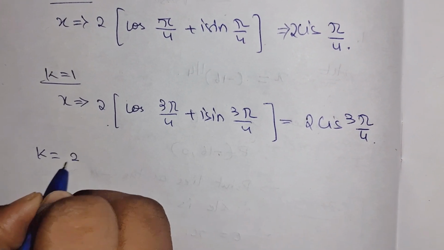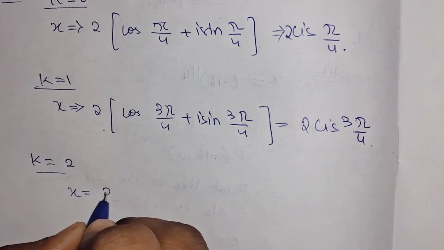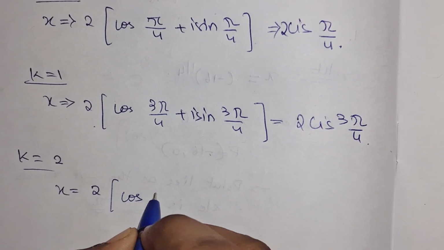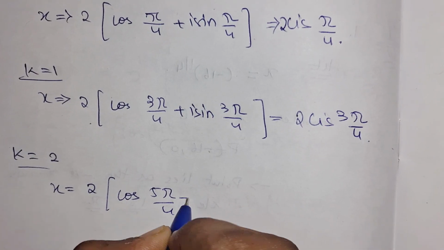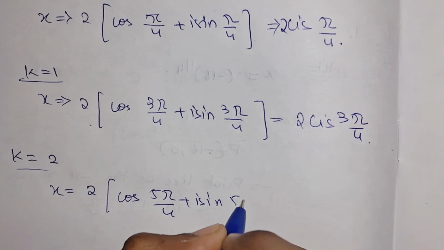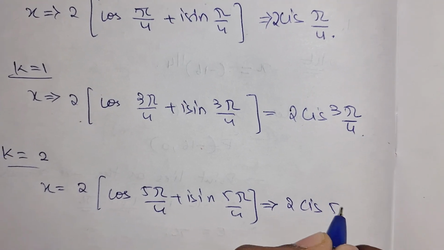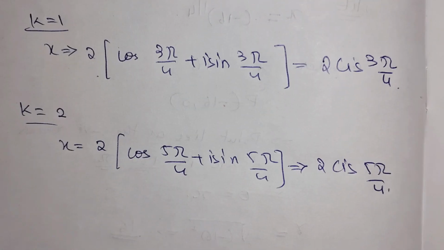When k is equal to 2, x will be equal to 2 into cos, 2 twos are 4, 4 pi plus pi, 5 pi by 4 plus i sin 5 pi by 4, which is equal to 2 cis 5 pi by 4.